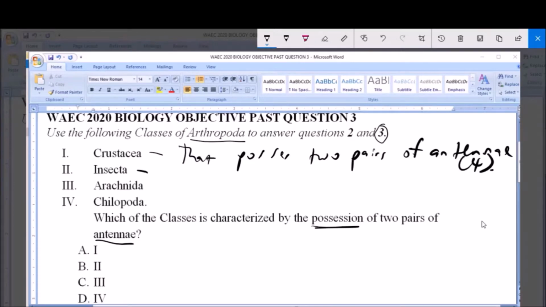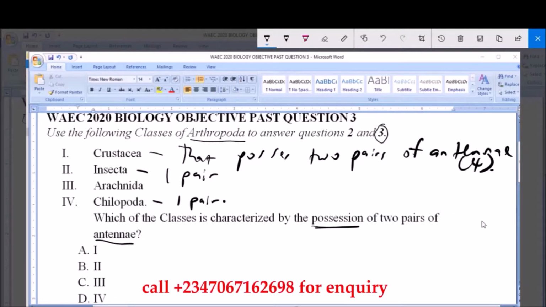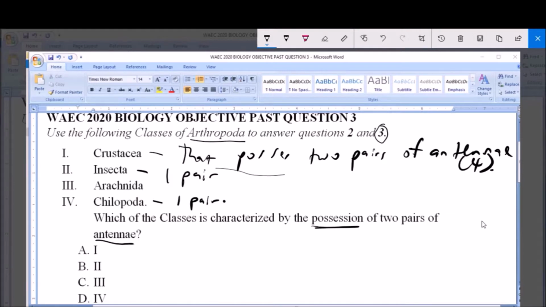Insecta possess just 1 pair, and then the others, Chilopoda, also a pair. So the crustaceans are the only class under the phylum Arthropoda that possess 2 pairs of antenna. So option A, which is 1, class Crustacea, is the correct answer to this question.